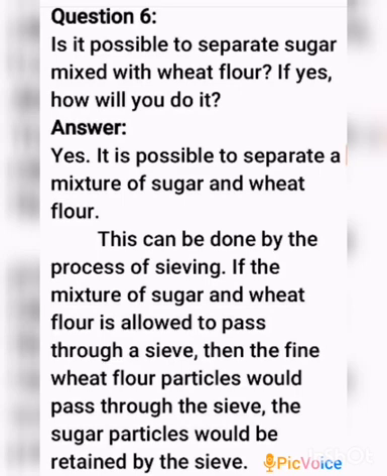Okay, then how will you do it? This can be done by the process of sieving. If the mixture of sugar and wheat flour is allowed to pass through a sieve, then the fine wheat flour particles would pass through the sieve.